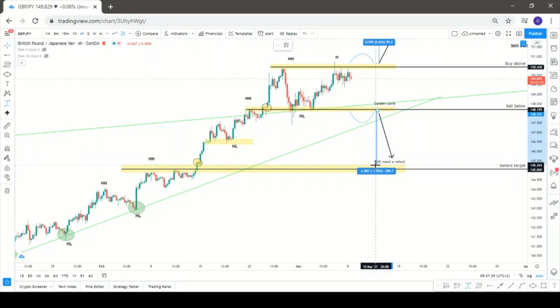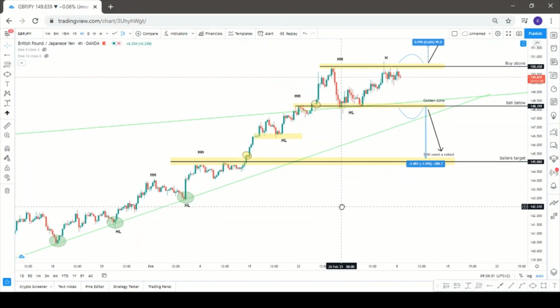That would be about 280 pips. And I would be more than happy to jump in on this trade. I'm not quite interested in this level because this was just a minor value area, in my opinion, and not a huge key level that traders were looking at while trading. So I'm more interested in this level.